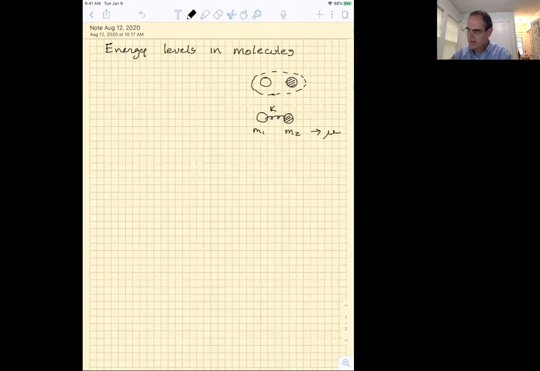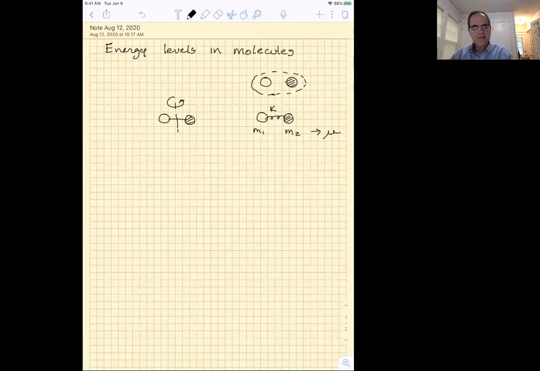And for vibrational motion, we can think of this as like the motion of a harmonic oscillator. In addition, the molecule can rotate. For a diatomic molecule, there's only one type of rotation, and that rotation about the bond is shown here.